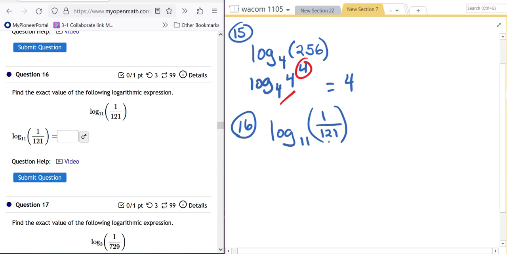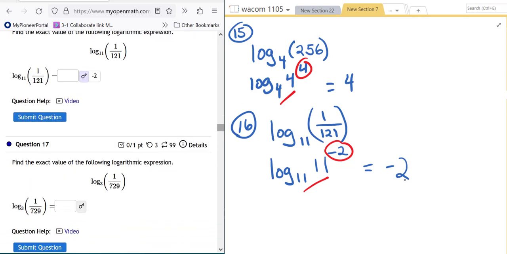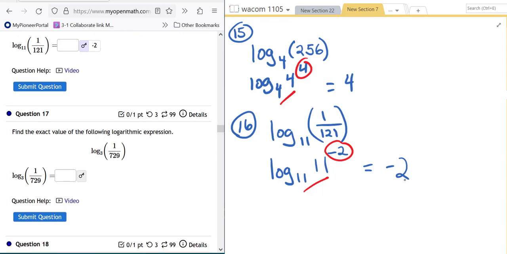To make it go to the denominator, it's going to be a negative exponent. 11 squared is 121, so we can rewrite this as log base 11 of 11 to the negative 2, because that would move it to the denominator, 1 over 11, and then square it. Once you get these bases the same, the answer is the exponent. A negative exponent moves it to the denominator.